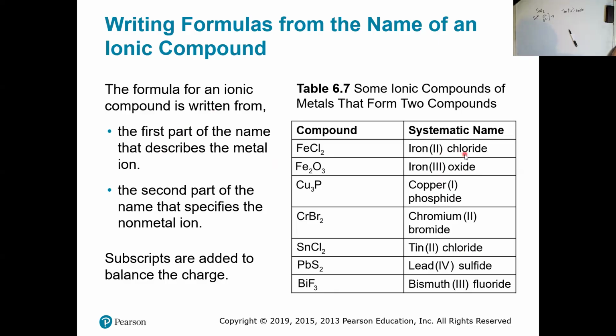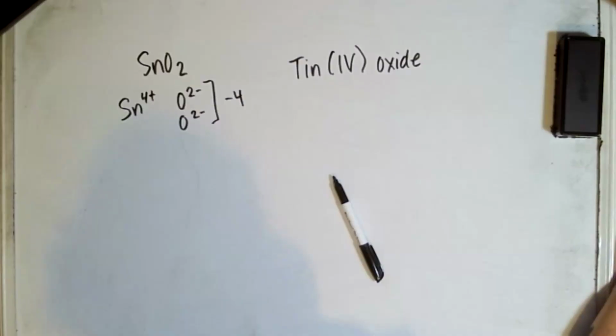The second part tells us the anion. So if we're going to be trying to figure out the formula from the name, we're going to be able to use this first part where we see like iron 3, copper 1, chromium 2. And this is going to tell us what the charge on our cation is. Okay. So we're going to work through a few of these examples now.